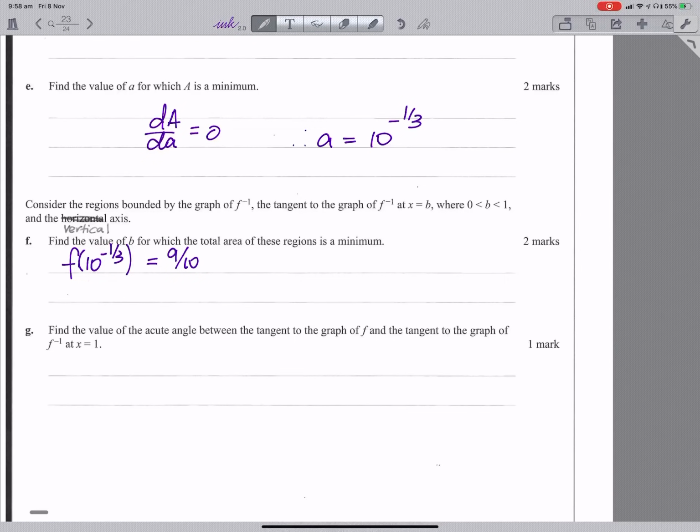Now, if it's an inverse, the area is going to be the same because they're both tangents. But because we swap x and y, then our A and B will swap.